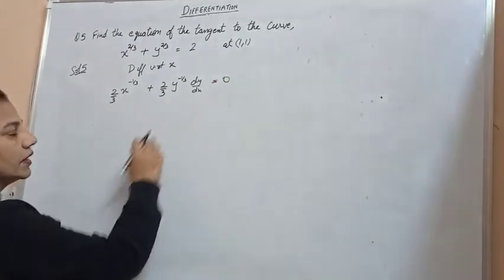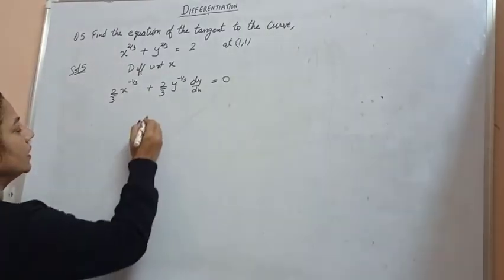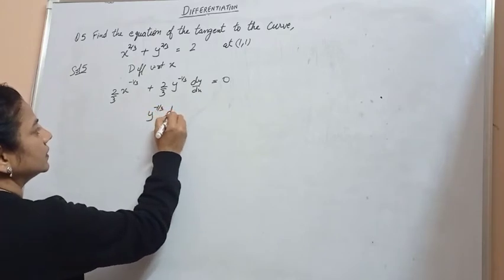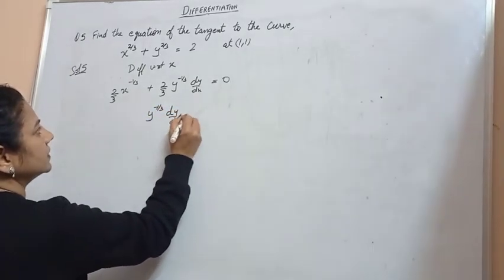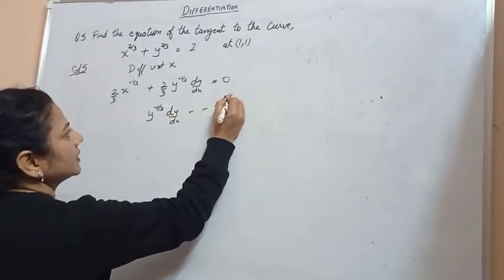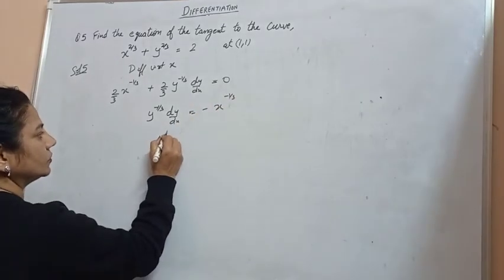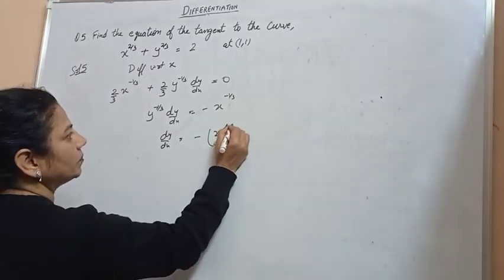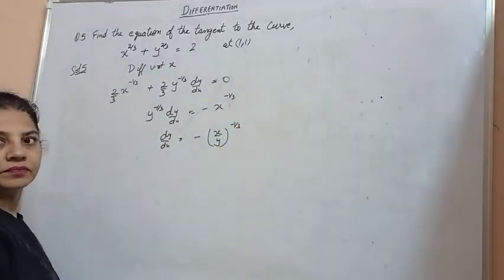2 by 3 is common, and we cancel it out. I am left with y to the power minus 1 by 3 dy by dx is equal to minus x to the power minus 1 by 3. So dy by dx is equal to minus (x by y) whole to the power minus 1 by 3.